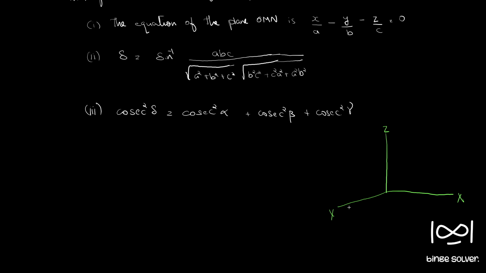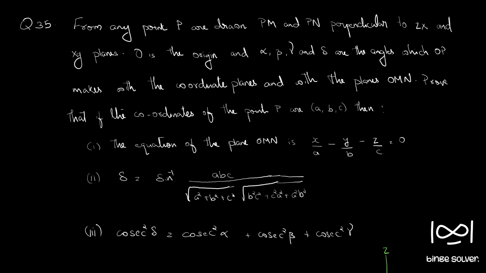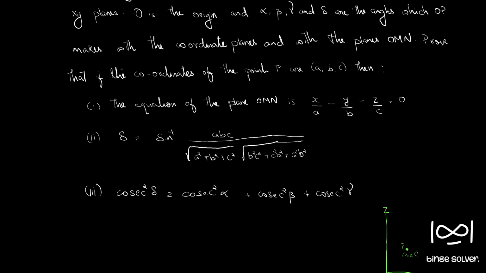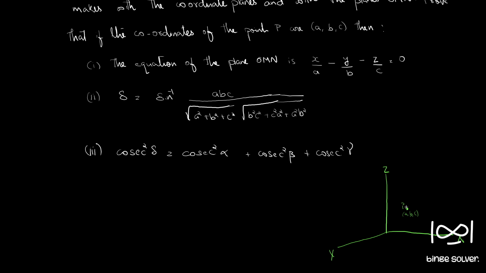So say (a, b, c) is a point in space, three dimensional. And now PM is drawn perpendicular to the ZX plane, so let's drop a perpendicular like this.